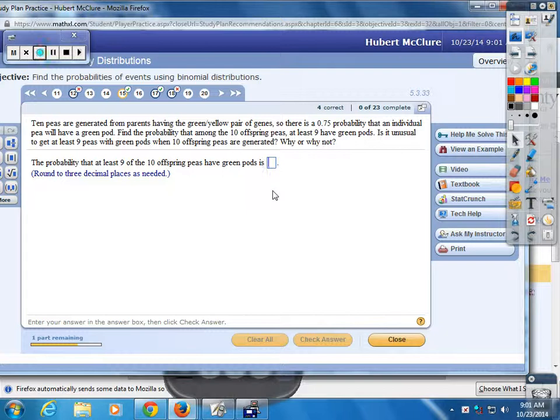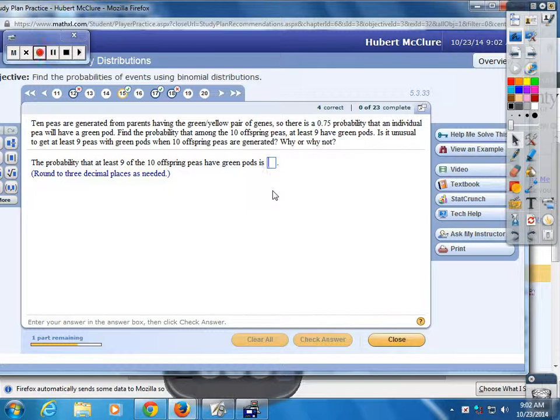10 peas are generated from parents having green, yellow pairs of genes. So there is a 0.75 chance that an individual pea will have a green pod. Find the probability that among 10 offspring at least 9 have green pods. Now if you write this question down, you need to highlight the at least.